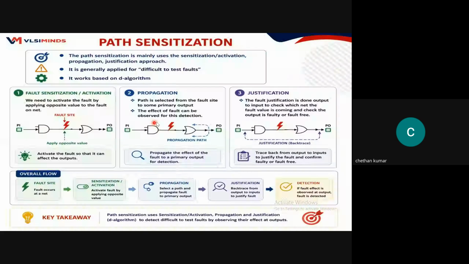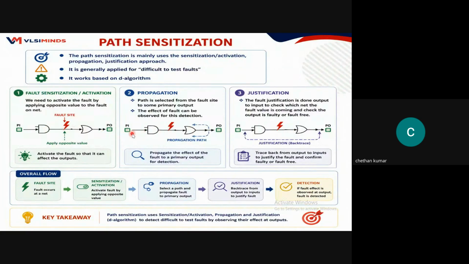The next step is, once that fault is selected, we should make sure that it propagates to the next gate, or reaches the primary output, because we cannot take output everywhere and then check. It will be observed at the primary output. To observe it, I should make sure that the fault is propagating. There is stuck-at-0.